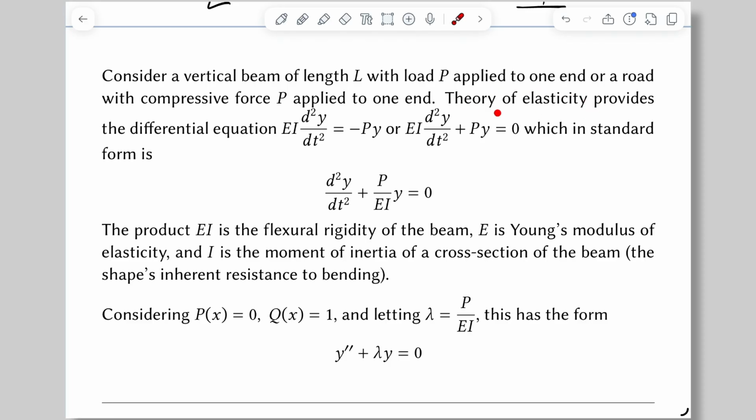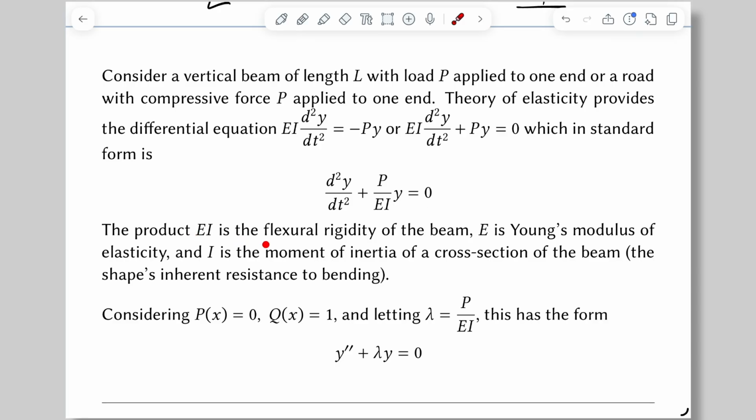Theory of elasticity provides the differential equation EI d2y dx2 equals negative Py, or EI d2y dx2 plus Py equals 0. If we solve for EI, we have an equation of the form that we were just talking about: second derivative of y plus P over EI y is equal to 0.